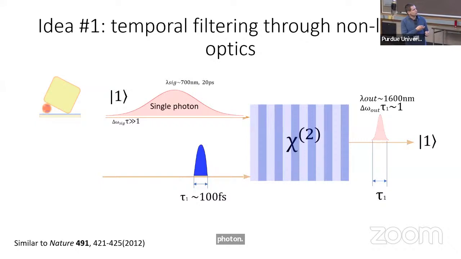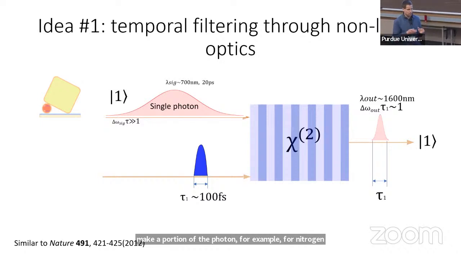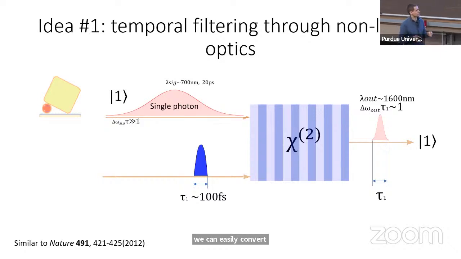At the same time, we make a conversion of the photon. For example, a nitrogen vacancy center, which mainly operates in the visible range, we can easily convert to telecom, which is considered much more suitable for quantum communications wavelengths.